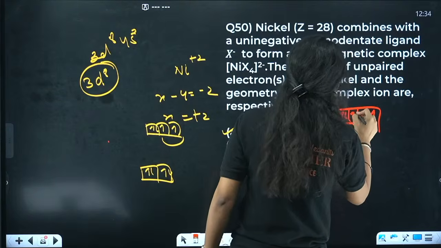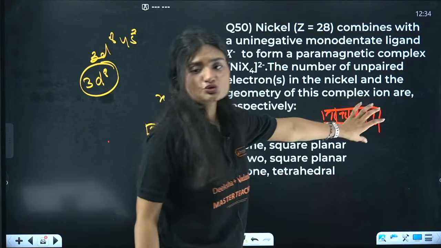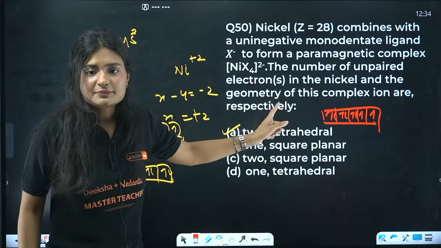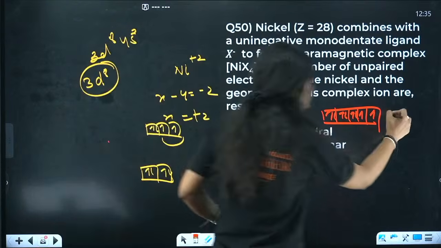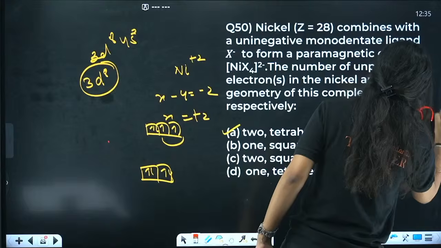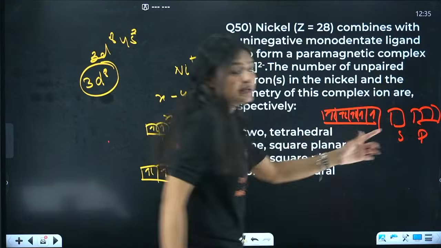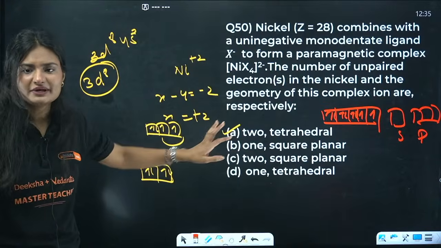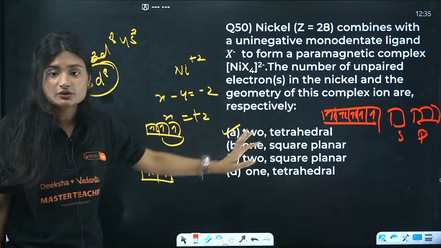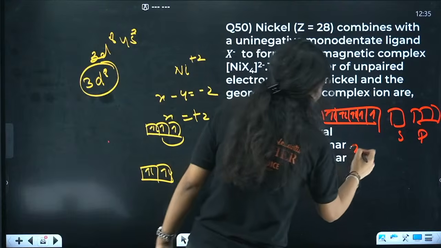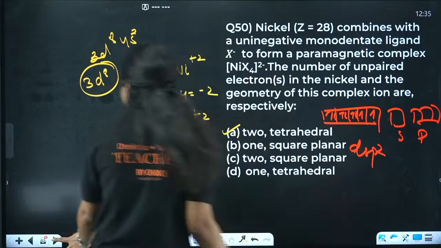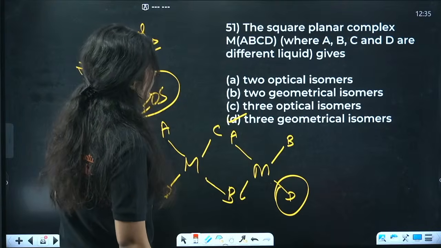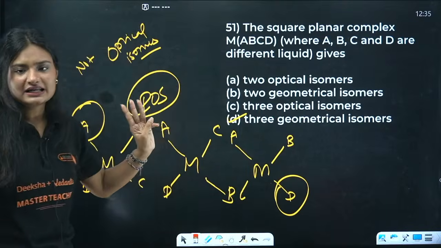If we have a paramagnetic complex, these 2 electrons are not paired, right? So the orbitals involved are the next orbitals, sp3. The hybridization is sp3, and sp3 hybridization means tetrahedral. Square planar has dsp2 hybridization.